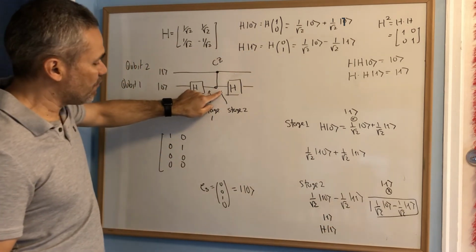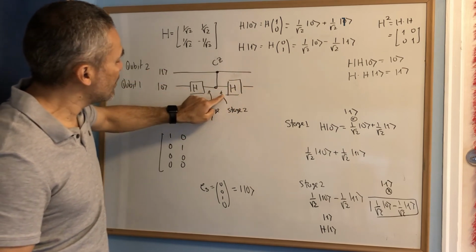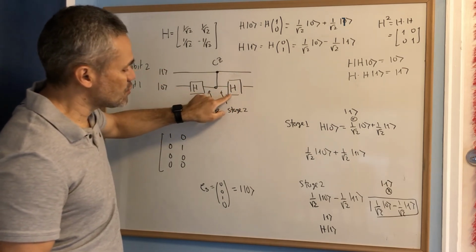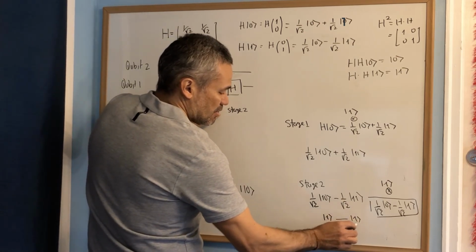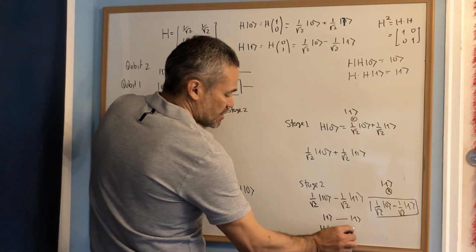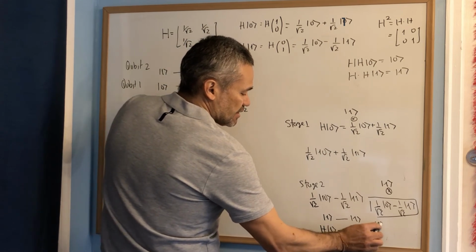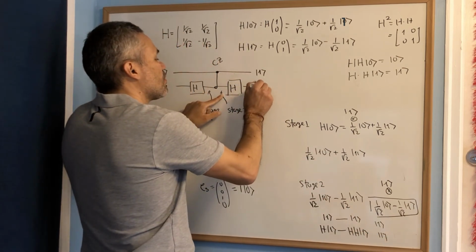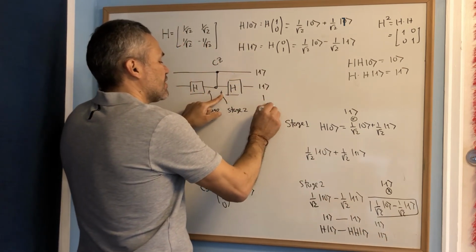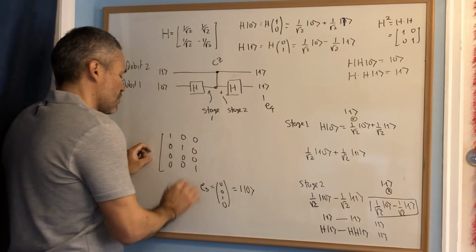But then, this is stage 2, when we move to the final stage, we need to apply h to qubit 1. Then this one stays the same, and this one changes to h of 1, which is just the state 1, 1. Then this is 1, 1, which is just the vector e sub 4. And here we have 0, 0, 0, 1.